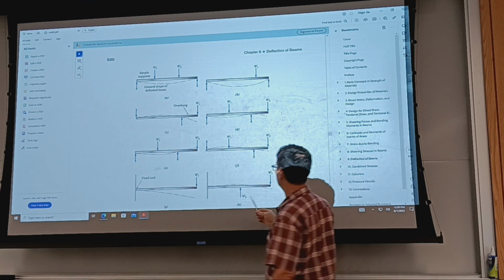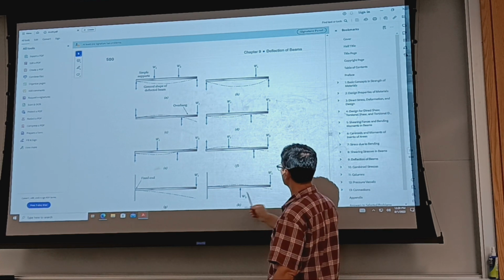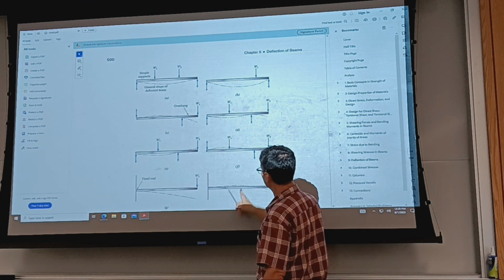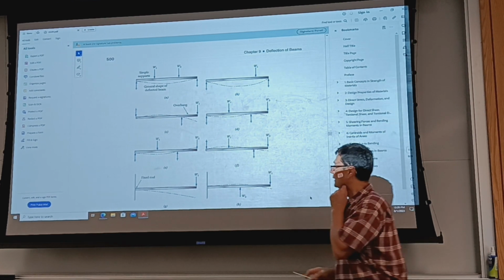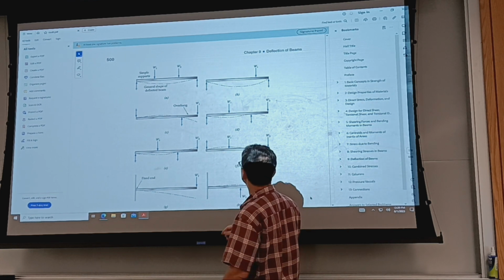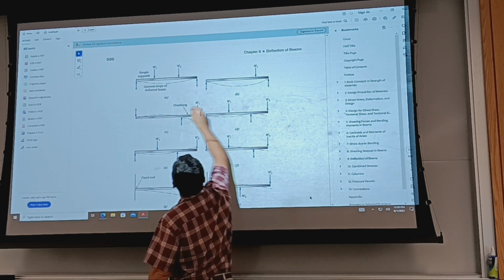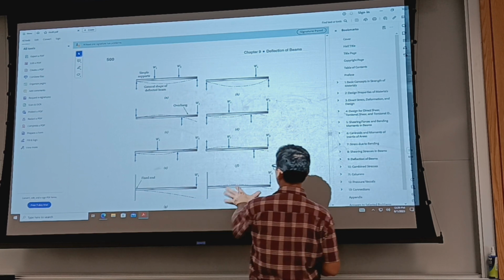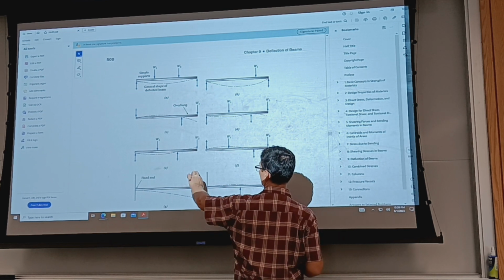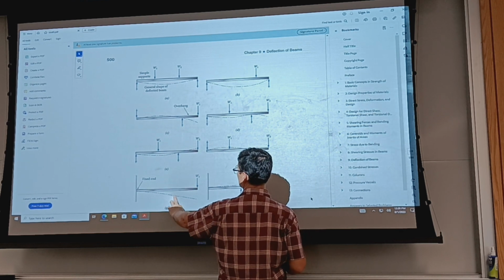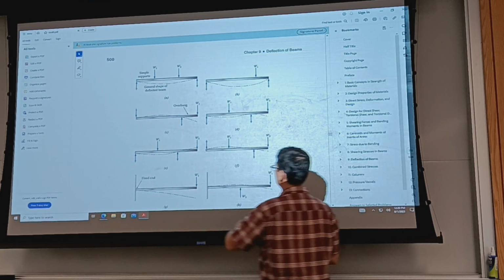Okay, so this is a cantilever beam that has two loads. One at the end, W1 pointing down, and one here below. Same as I said here, I have just one load and then two loads. I can assume that a case like this one is an overlap of a load at the end and then another load that is by itself elsewhere.